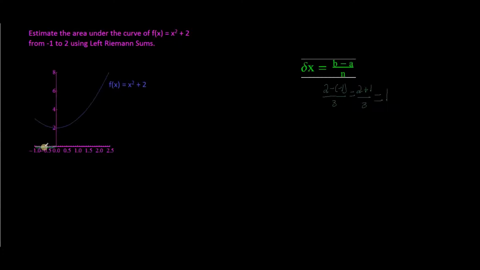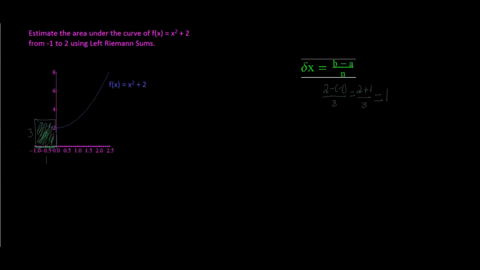That's the width of the rectangle. Then the height is going to be from this point down, and then we'll bring this over here, bring this down here. So this guy here is our first rectangle. Now we know the width here is a 1, because that's our delta x. Well, what's our height? Well, the value of this function at -1, we just plug -1 into the function. -1 squared is 1, 1 plus 2 is 3, so then that makes this height 3.